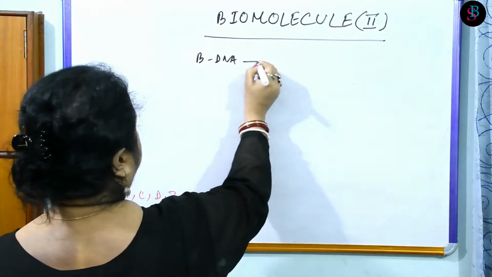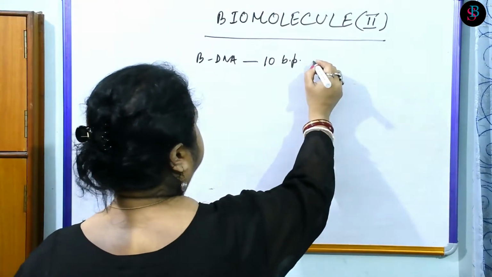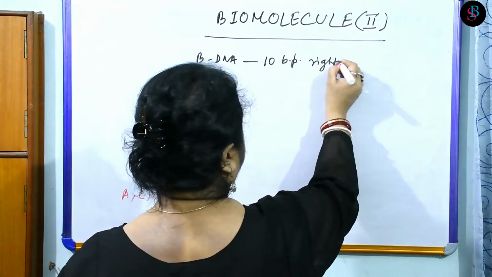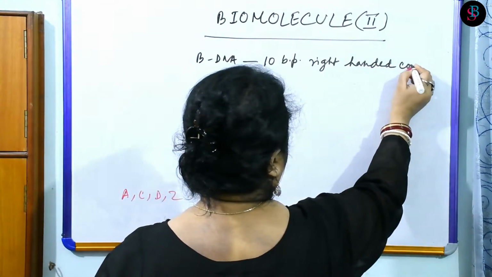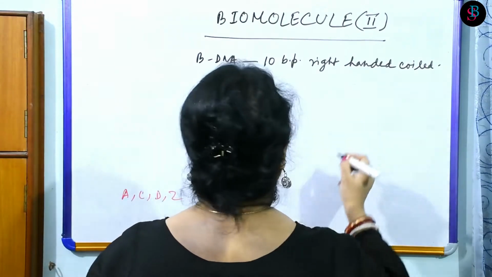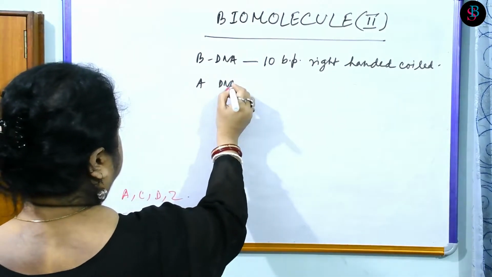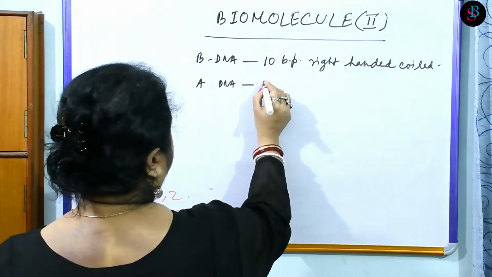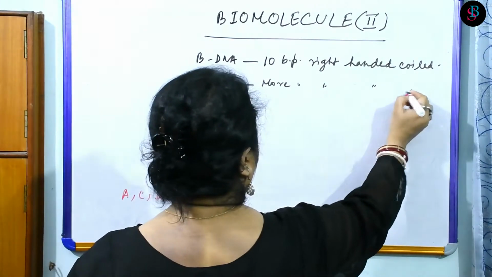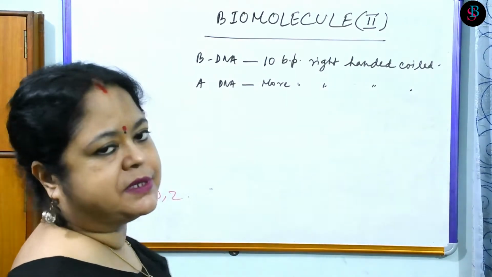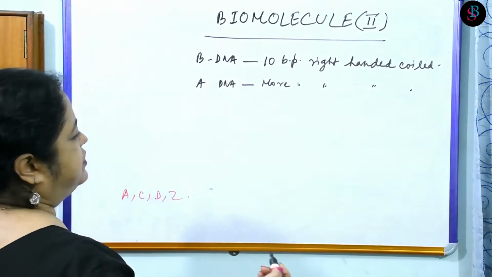B-DNA has 10 base pairs per turn and is a right-handed coil. A-DNA has more than 10 base pairs, and it is also a right-handed coil. More than 10, but actually not round numbers, that's why it is like 10.58 or so.